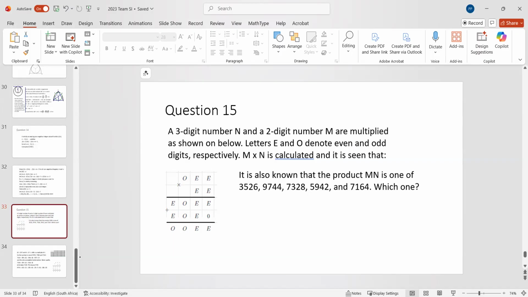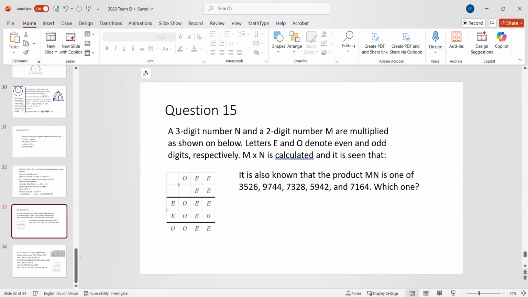So this is an odd number, it could be any one of 1, 3, 5, 7, 9. And this one here could be 0, 2, 4, 6, 8. So all you know is that you got odd, even, times even. You got this whole calculation here, and that is equal to odd, E, E.